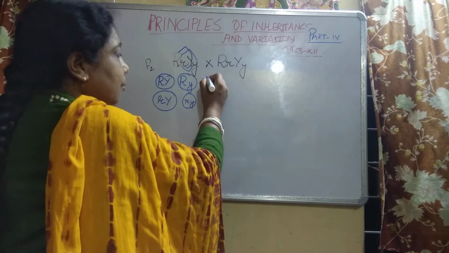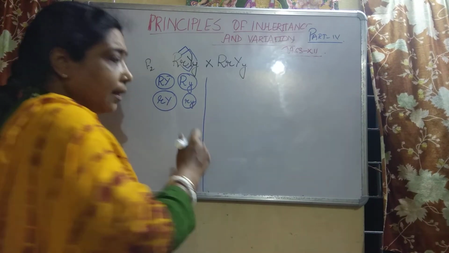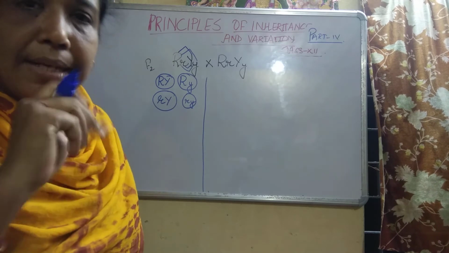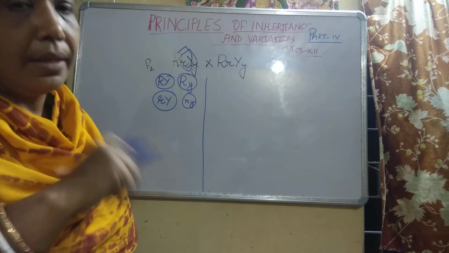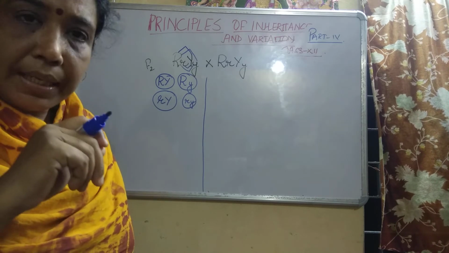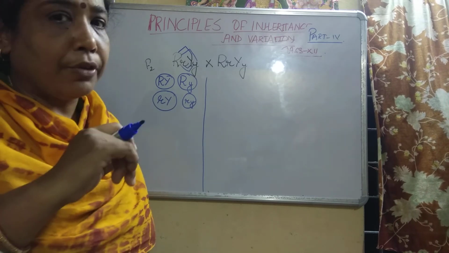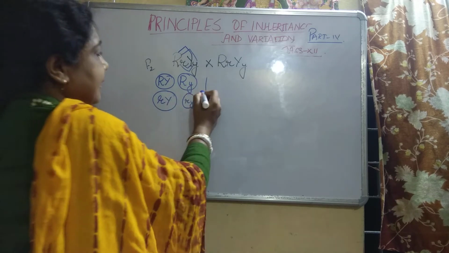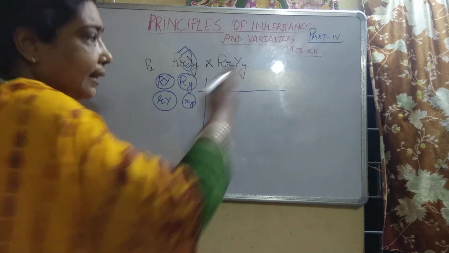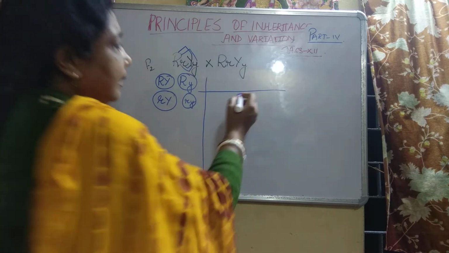So now you carry out the Punnett square. You make the Punnett square to know the phenotype. Genotype, I'll give one formula. In one axis you place this parent and in the other axis you place the other parent.